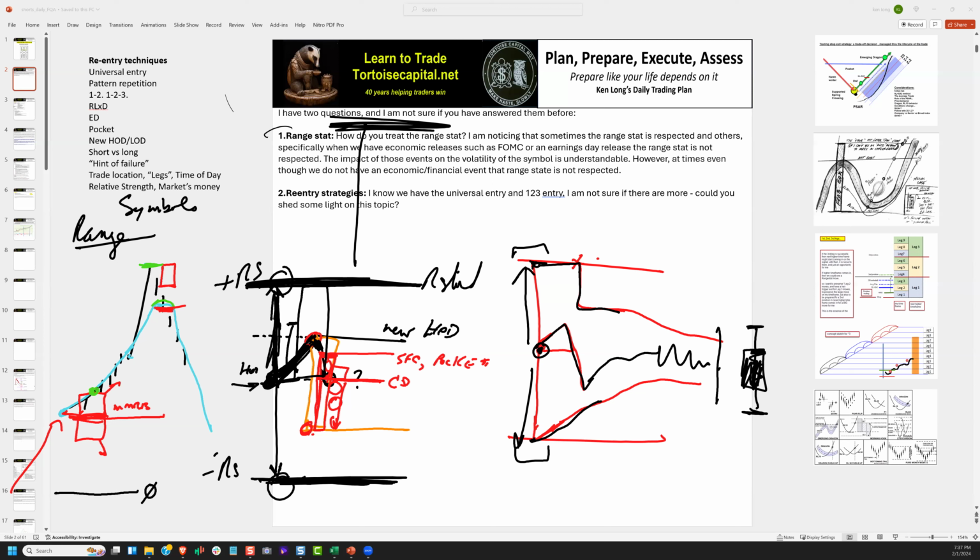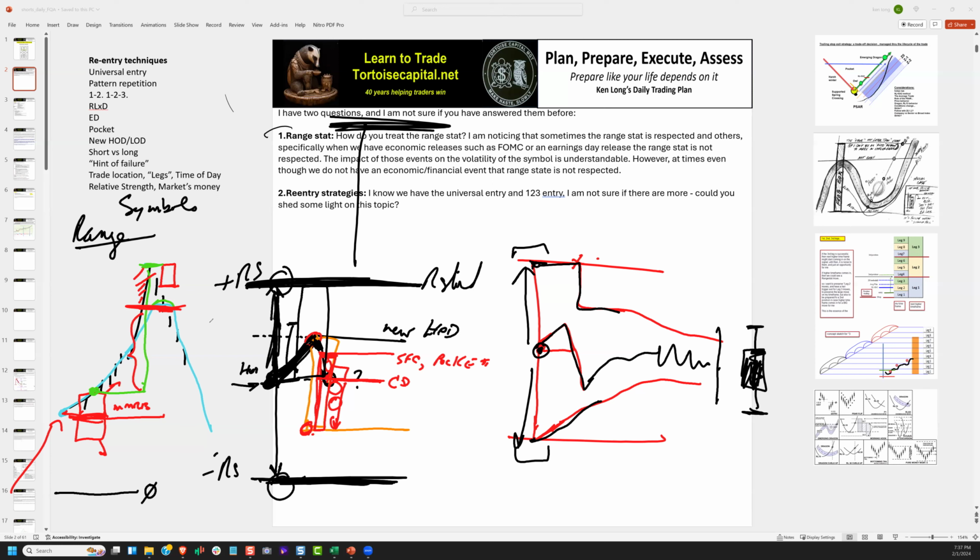My open gain is this. At some point, this was my maximum favorable excursion, but it's already started to fail. There's one risk box, and now it's come down here, and that's a 1, 2, 3. So I just take that. All right, so I gave back that much, but I was able to keep this much.